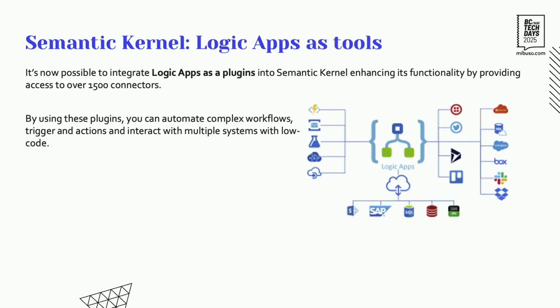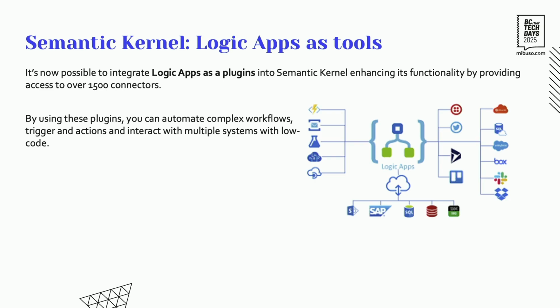And another very powerful, recently introduced way to enrich Semantic Kernel with functions is using Logic Apps. Logic Apps is, I usually call it, the father of Power Automate. It is a more pro Power Automate, a low-code tool that permits you to create workflows.